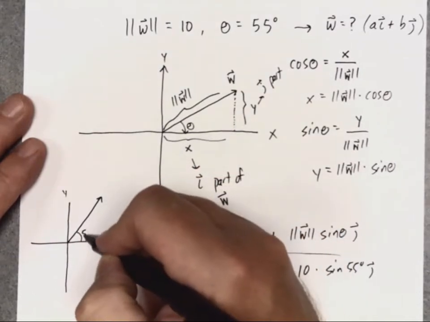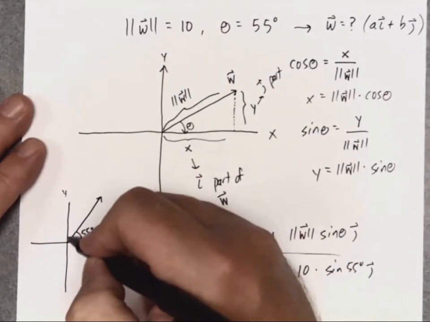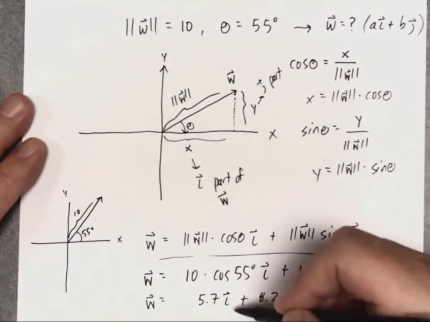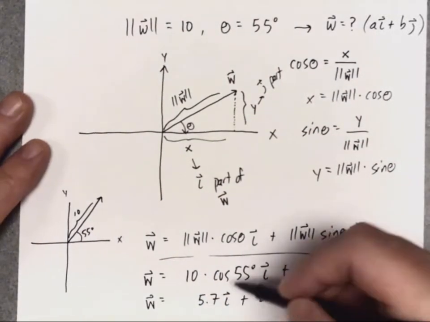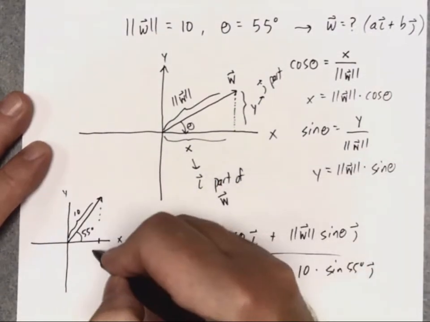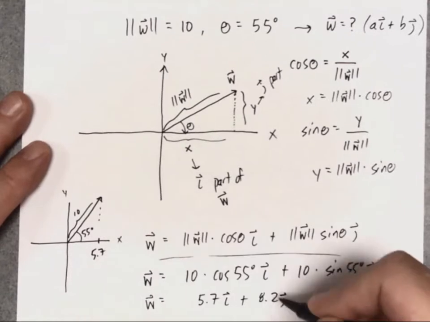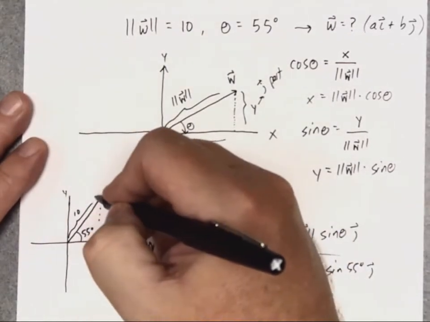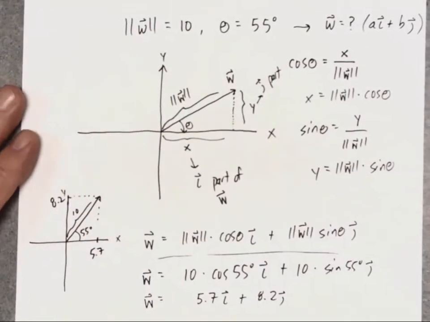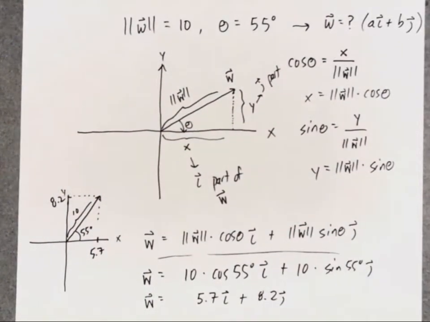So if that's 55 degrees, and maybe I'll say this length is 10, the x or the i part of this would be like 5.7 here, and maybe 8.2 there. That looks reasonable. All right, so not too difficult. Just have to remember this equation here.